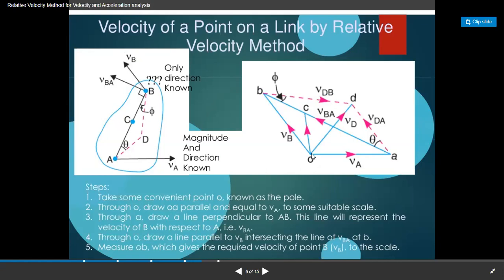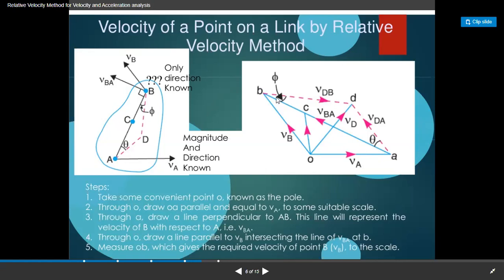So we draw a line from O in the direction of the absolute velocity of point B. The intersection of this line and the line of VBA generates the point B, so we get OB and AB.